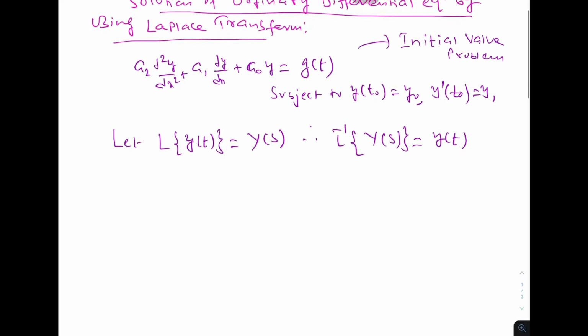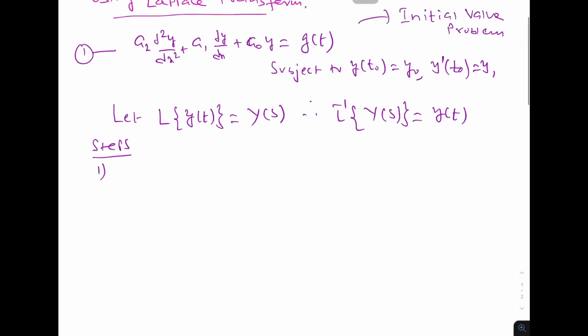Now this is the equation. So these are the steps. The first step is apply Laplace transform on both sides of 1. So we can apply the Laplace transformation on both sides of 1.